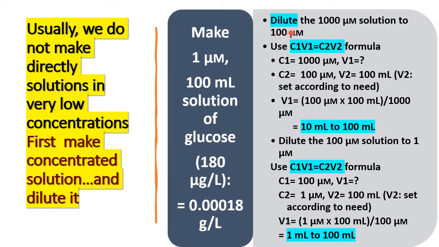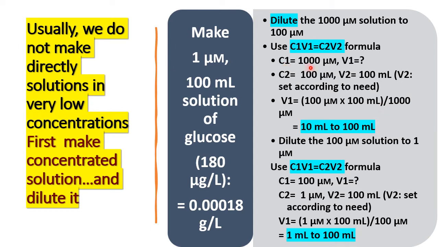Now, how can you dilute the 1000 micromolar solution to 100 micromolar? You can use the same formula C1V1 equals C2V2. And by putting these values here, our C2 is 100 micromolar which we want to make, and V2 you set yourself; you want to make 100 milliliters of this solution. So they come up here, and 1000 micromolar goes down.